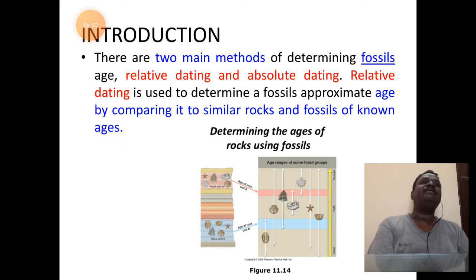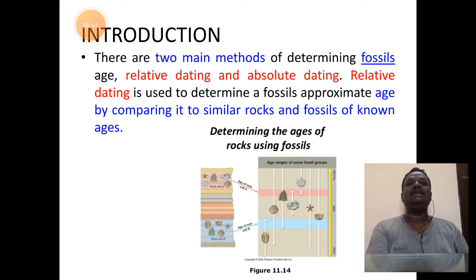There are two methods of determination of fossil age. Number one is relative dating, and number two is absolute dating. In relative dating, we determine the approximate age of fossils and fossil rocks by comparing them with available fossils whose age was already determined.